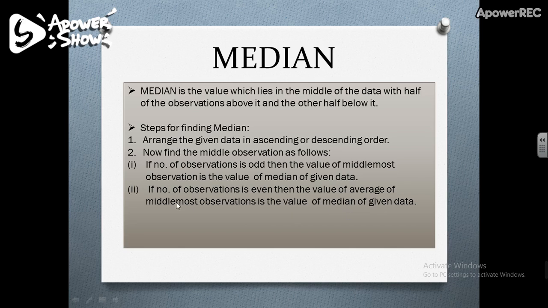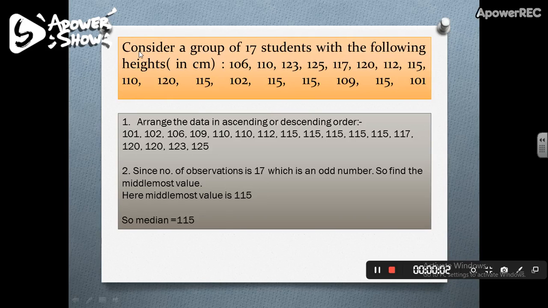Let's understand this whole process by means of an example. Here I am considering the same example where a group of 17 students with the following heights is given, and now I am trying to find the median of this given set of observations.